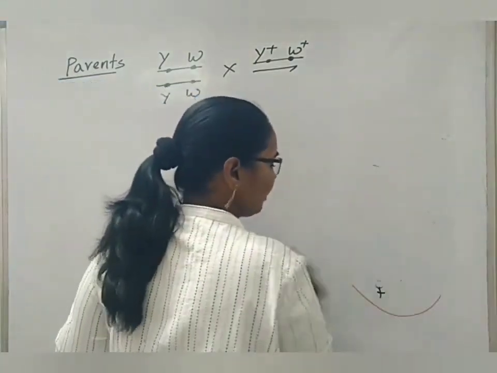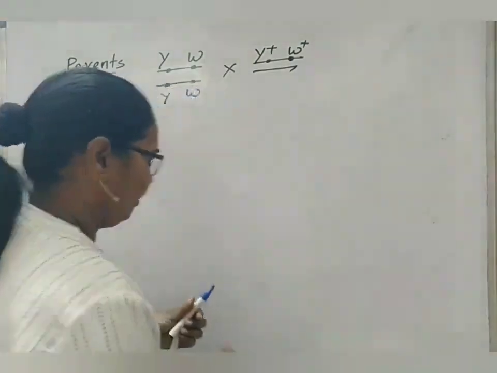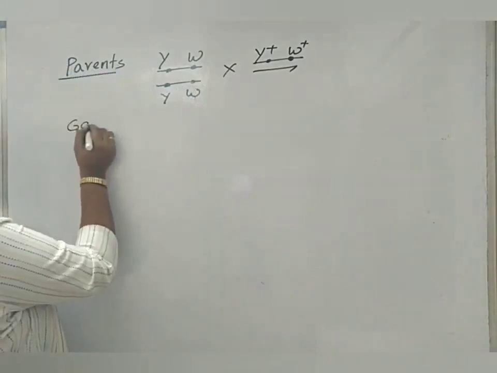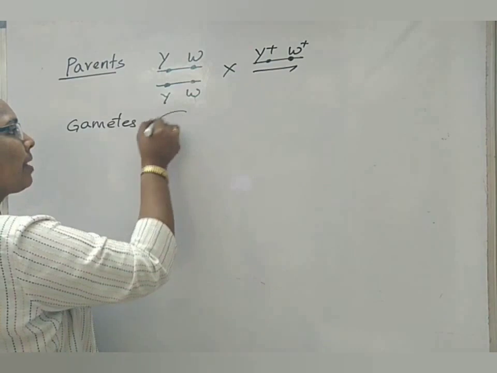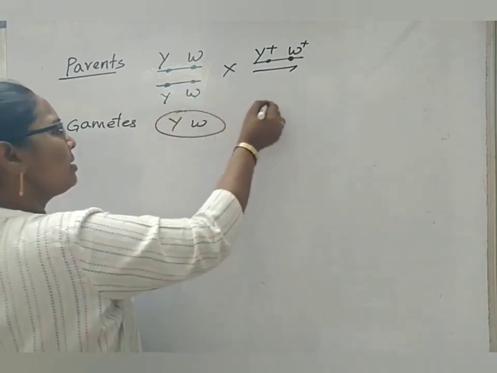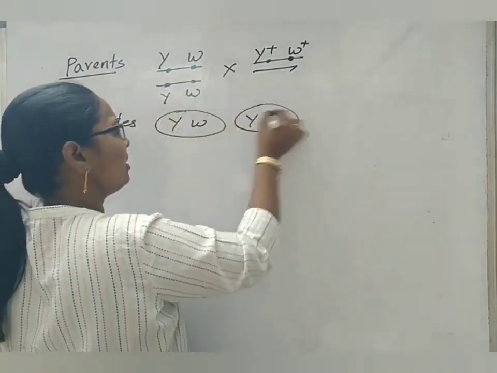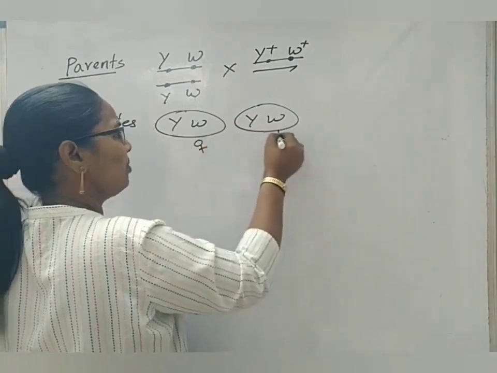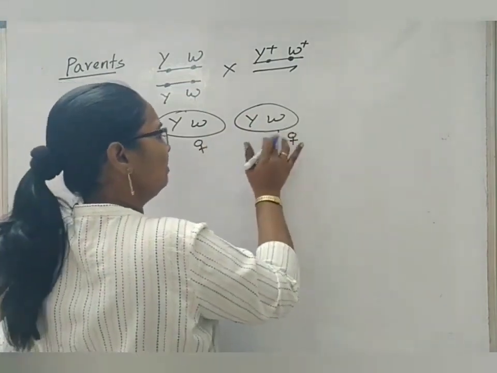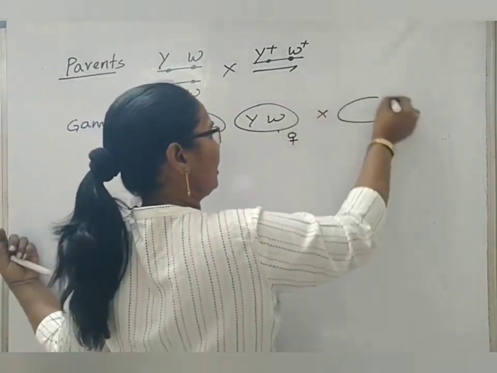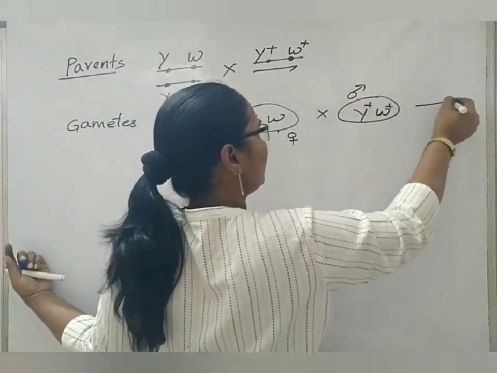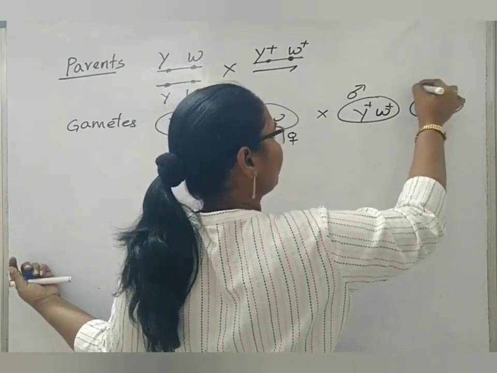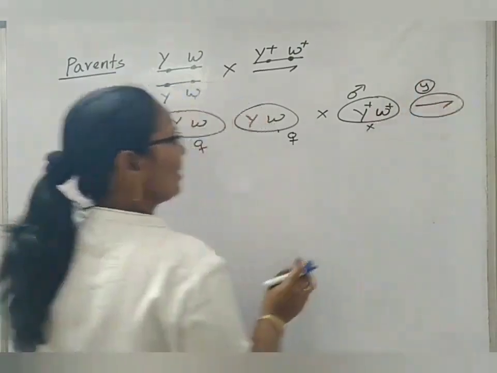Let's take out gametes from this. We can call them parental gametes. One gamete will be purely recessive, another gamete also purely recessive. These are the X chromosomes of the female. They are crossed with the X chromosome of the male, again with dominant alleles, and the Y chromosome. This is X and this is Y chromosome.